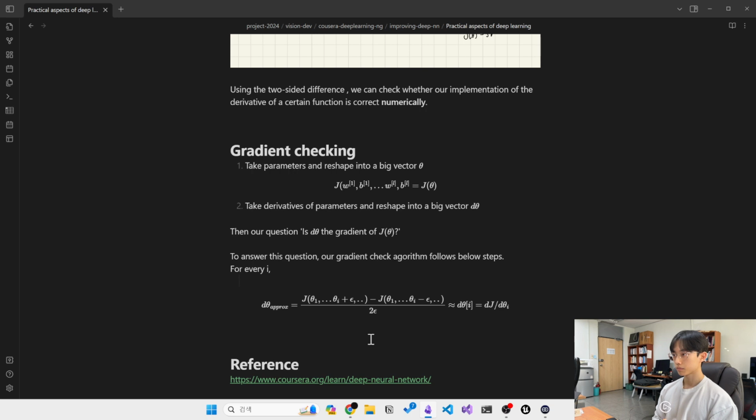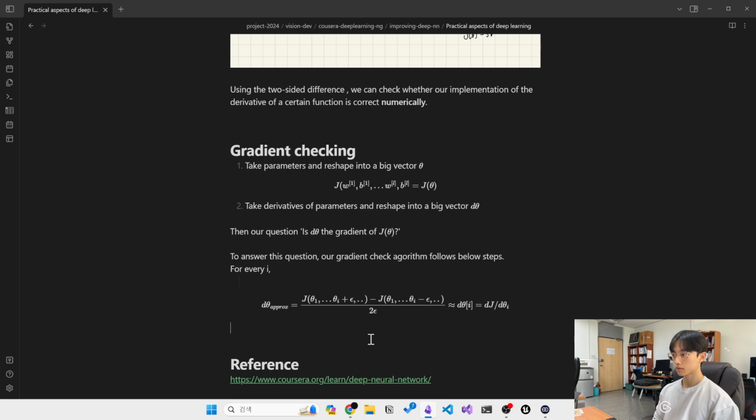Then just to normalize by the lengths of these vectors, I divide by the Euclidean length of d theta approx plus the Euclidean length of d theta. The denominator is just in case any of these vectors are really small or really large; the denominator turns this formula into a ratio.